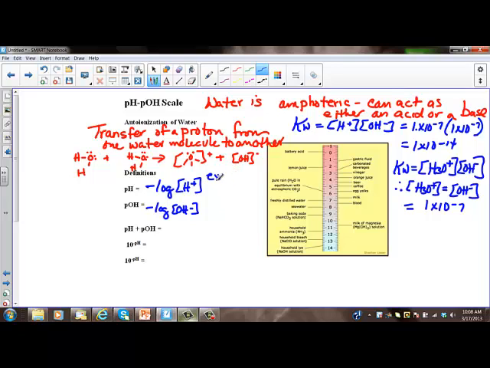So for example, if I tell you that the H+ concentration is equal to 1 times 10 to the negative 10, in my calculator I do negative log of 1 times 10 to the negative 10, and I get a pH equal to 10. And I do the same thing for pOH. The pH plus the pOH equals 14, which should make sense.